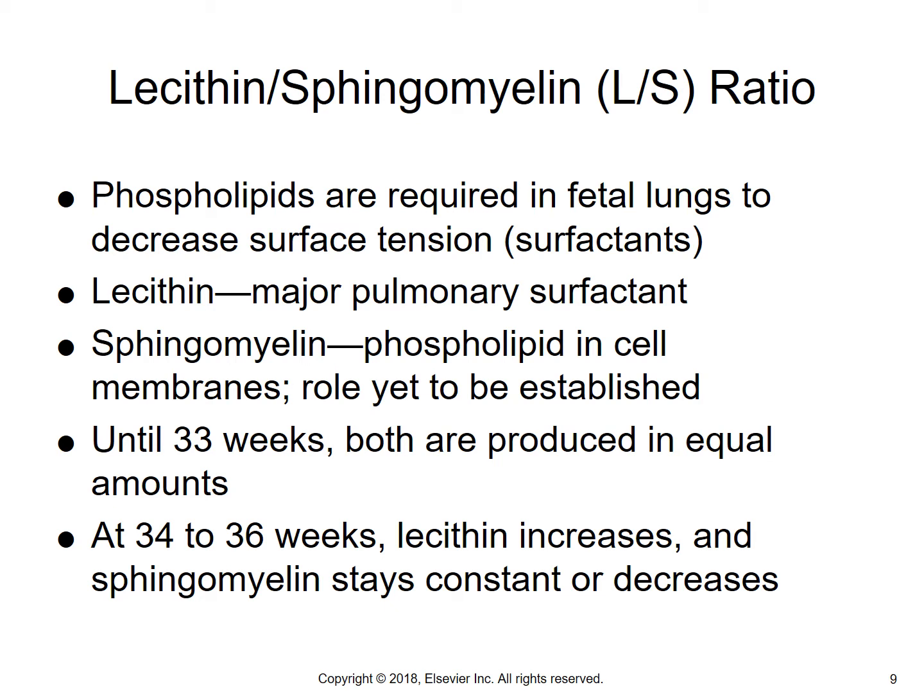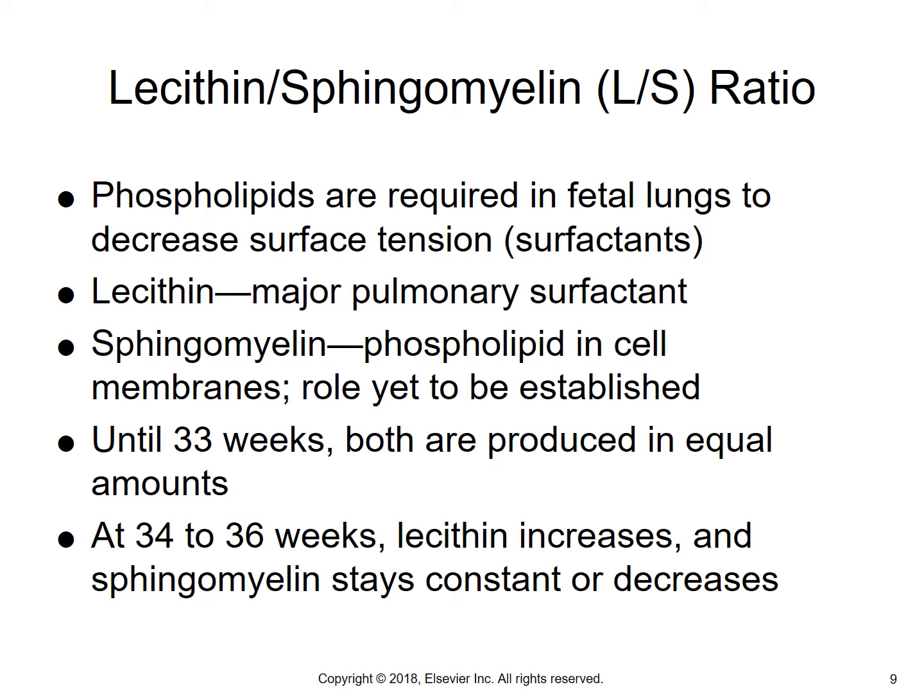Until about 33 weeks gestation, the pulmonary system produces these two phospholipids in equal concentrations. But at 34 to 36 weeks, the concentration significantly increases for lecithin, whereas the sphingomyelin remains constant or decreases.